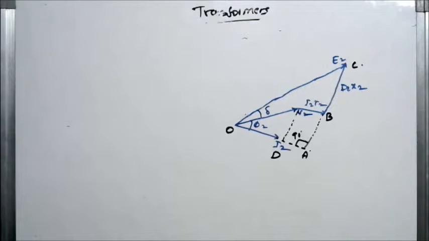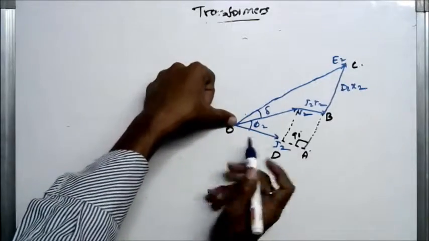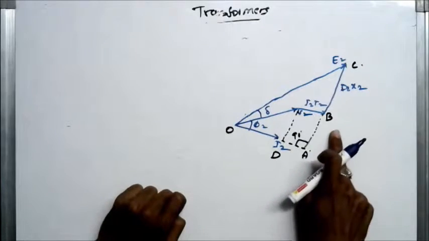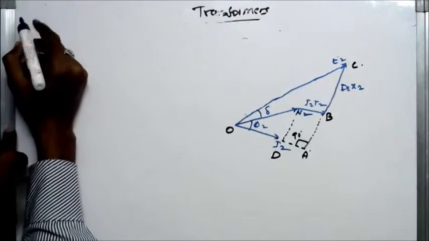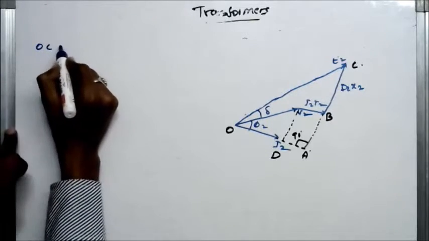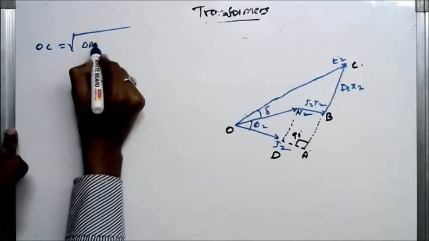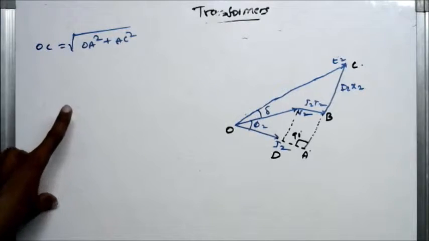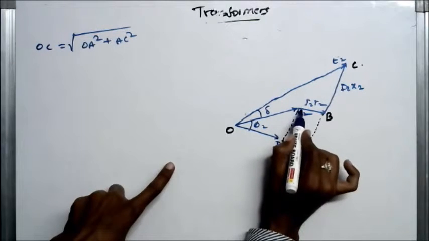Now, by seeing this figure, I will write by Pythagoras theorem. See this triangle OAC, the outer triangle. Can I write OC is equal to root of OA square plus AC square? Is it? Yes, correct.